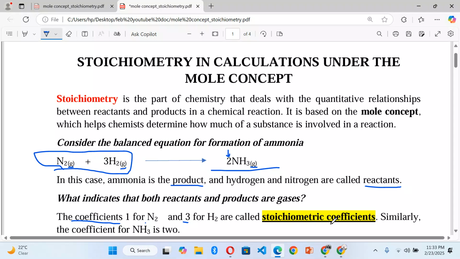We are just looking at the relationship between how much of the reactants produces how much of the product. And if we know how much product is produced, then we can know what reacted to produce the product. We can do that when we have a balanced equation.